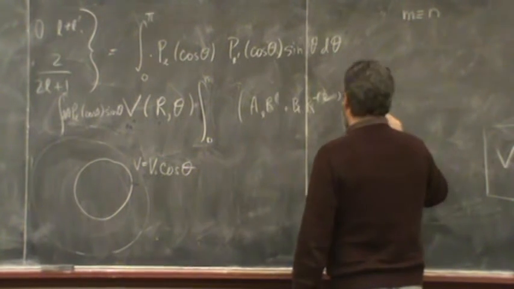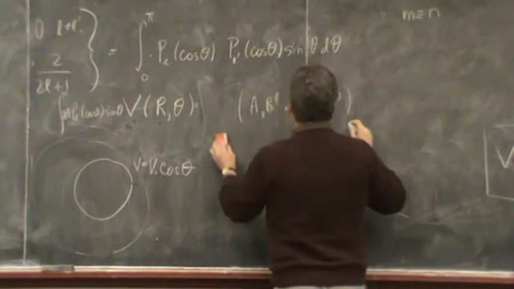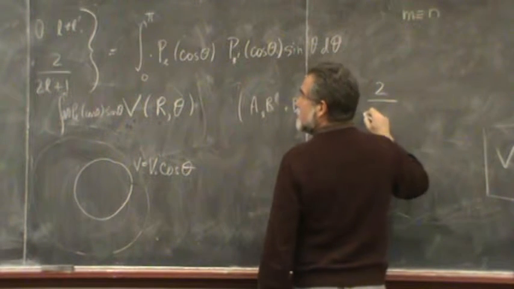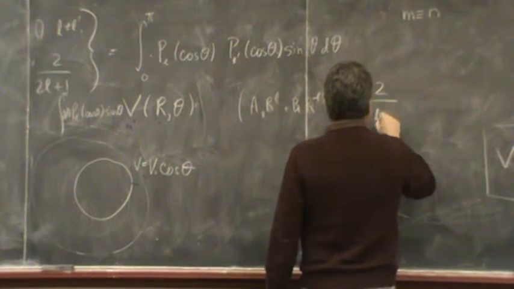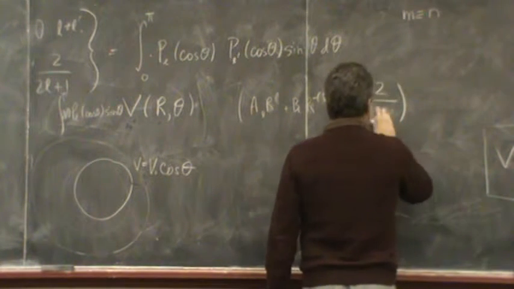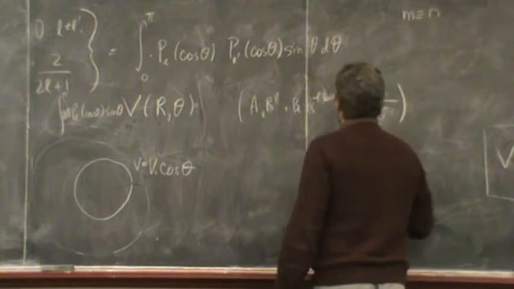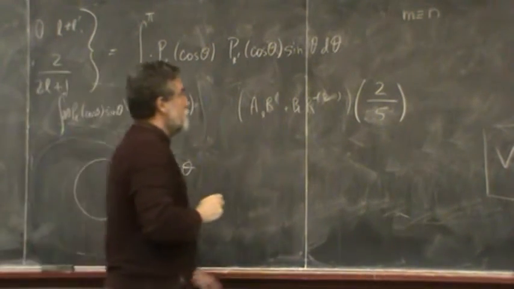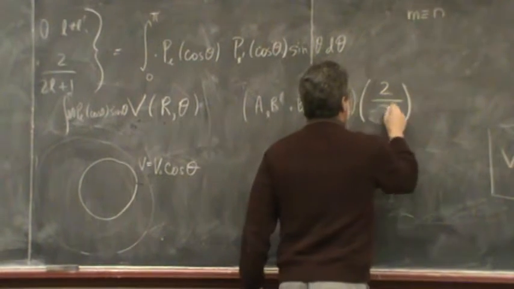Over on this side, I've got 2 over 2L plus 1, which is 3, 5, and for L equal to 1, 3.